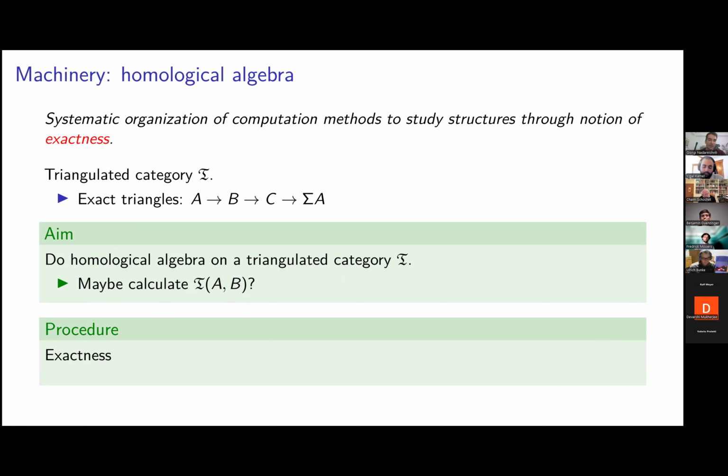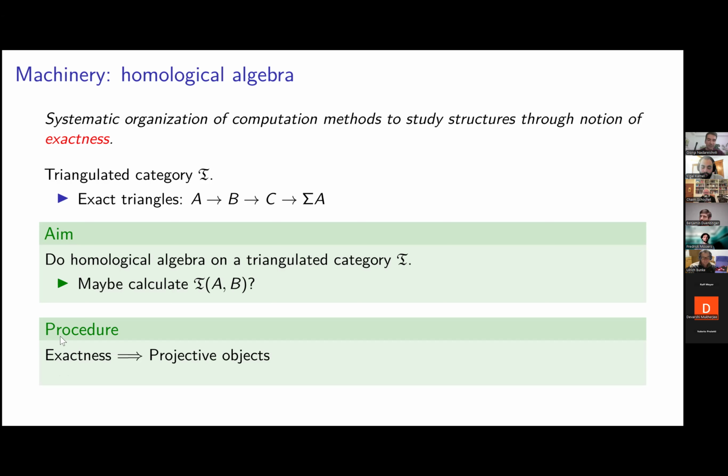And I wanted to describe the procedure of how I would like to do this. First, to construct a homological algebra, I will define what exactness is. Once I have a notion of exactness, then this will grant me the notion of a projective object, meaning if you know what exact is, you can say which functors are exact, and maybe you will say that representable functors represented by some object are exact, then this object can be called projective.